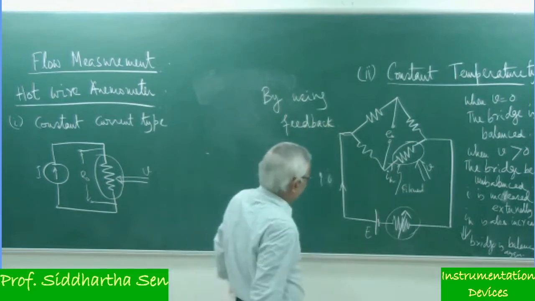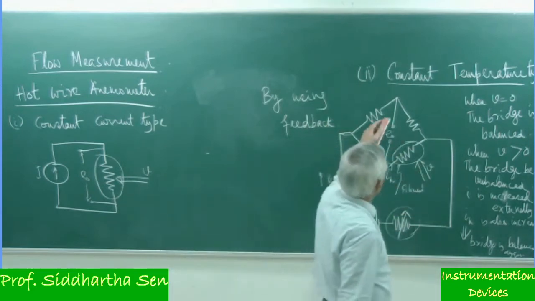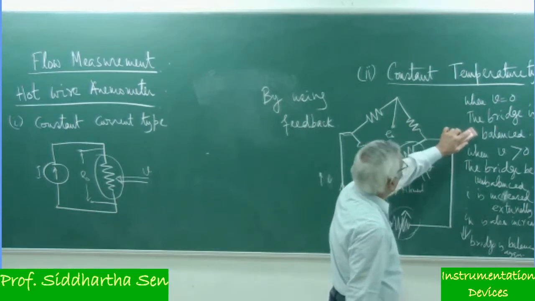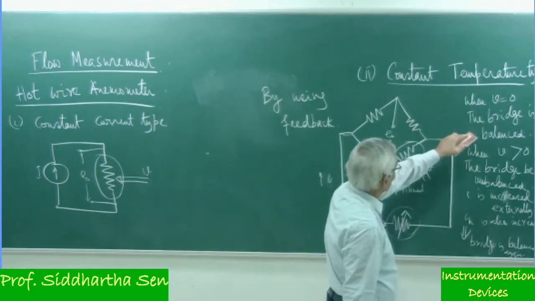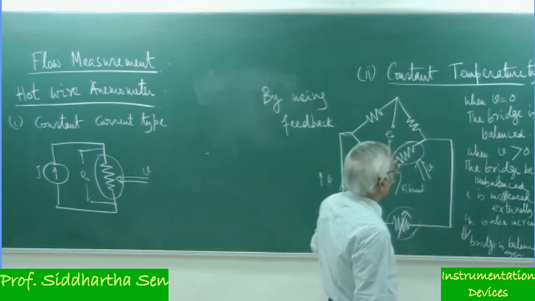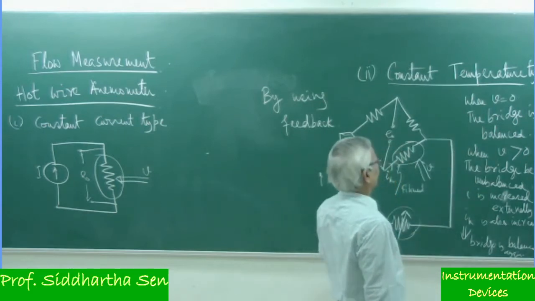That means once we see there is an unbalanced voltage, the unbalanced voltage is sensed and amplified by an amplifier. And that amplifier output voltage drives the supply voltage to the bridge.